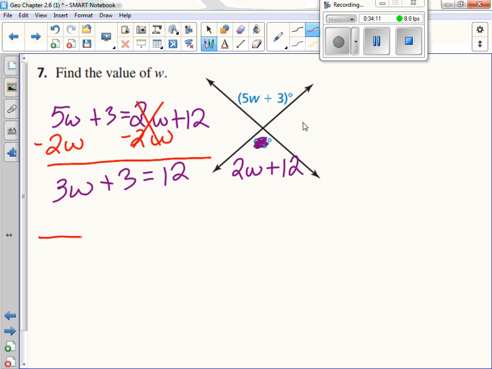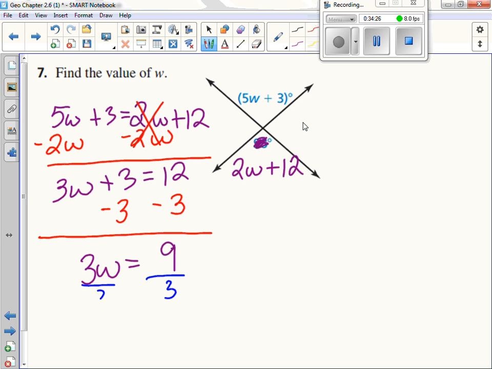Now we need to get w by itself, so we would subtract 3 from both sides. I get 3w is equal to 9. We would divide both sides by 3, and w would be 3. That's it.